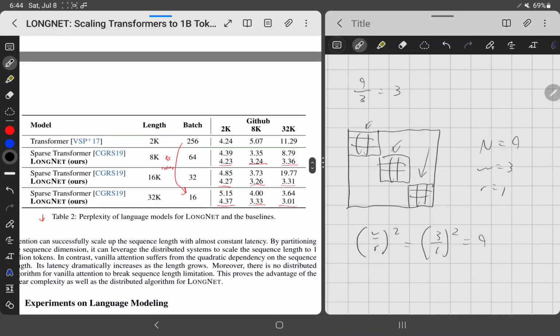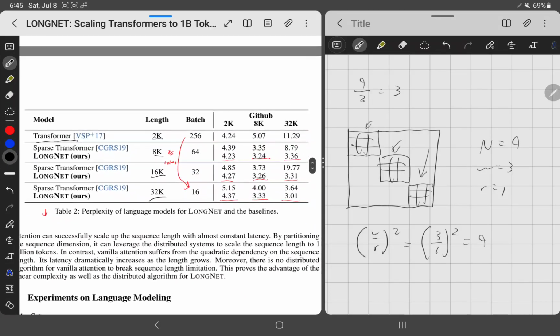So your base transformer can't scale past any reasonable amount of tokens. The sparse transformer can, but it's much worse than their transformer. You can see that the perplexities, which you want to be lower, are about the same with 2K tokens, but once you get to 32,000 tokens, it's a big drop in perplexity, meaning that it is a lot better at utilizing the tokens than the sparse transformers.